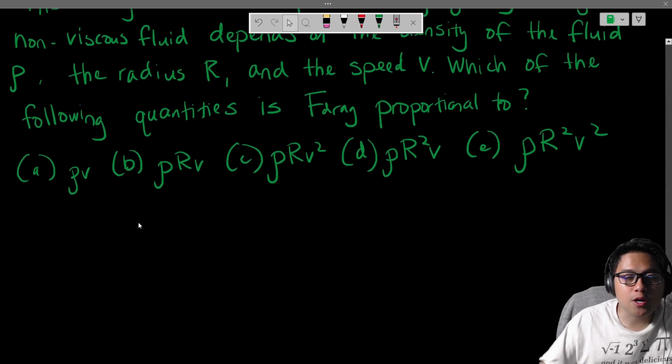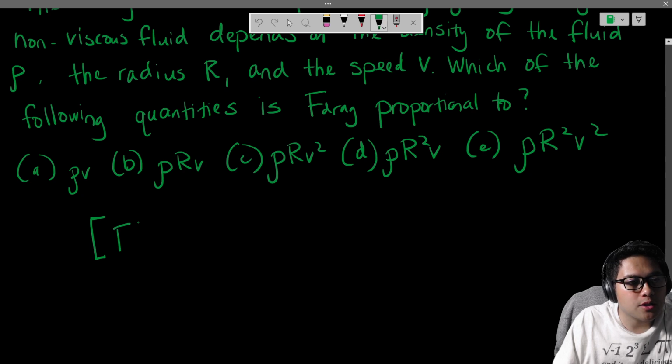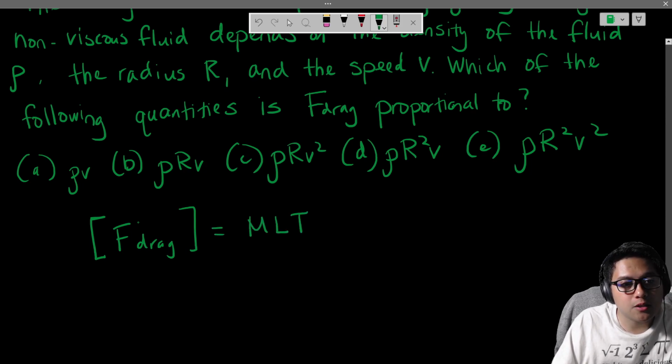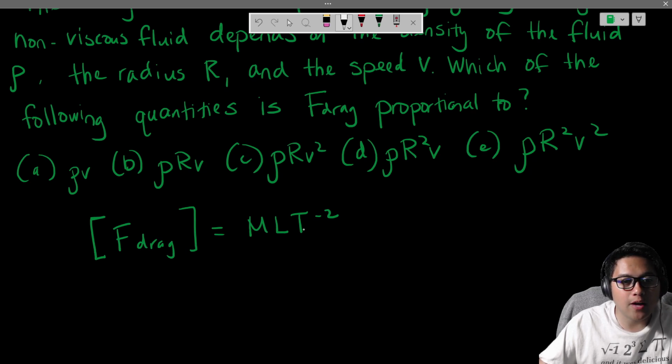If you saw the previous video, I won't go through this again, but I will just mention that drag force, as does any force, has units of mLt to the minus 2, standing for mass, length, and time. And so we need to have some combination of ρ, r, and v that gives us mLt to the minus 2, mass, length, and time to the minus 2 power.